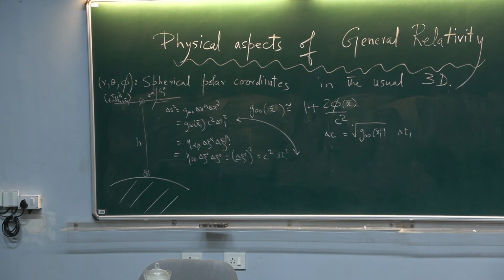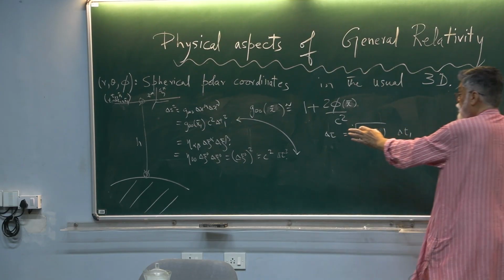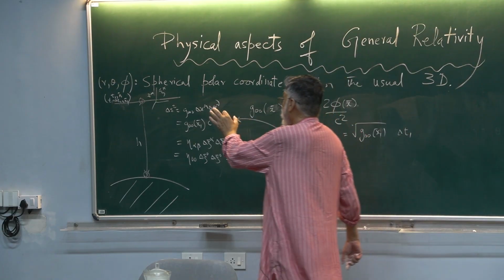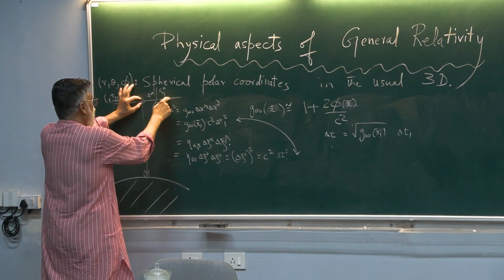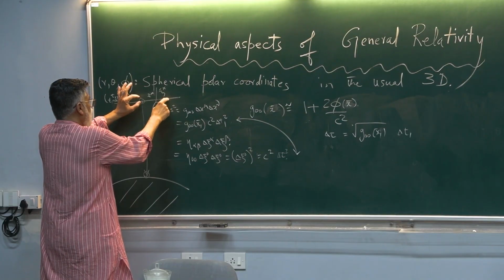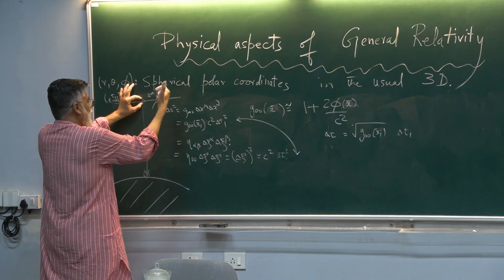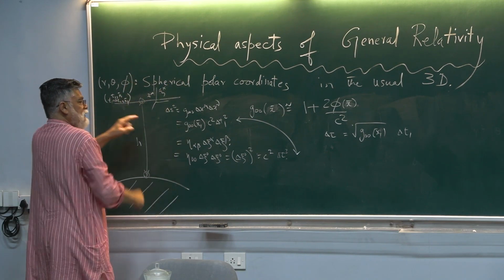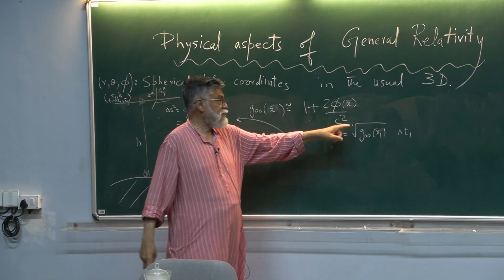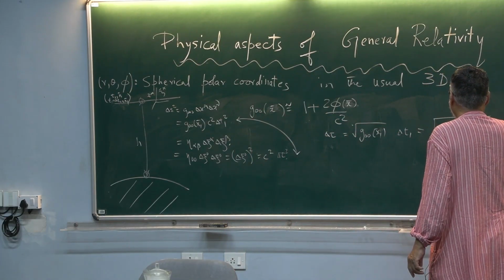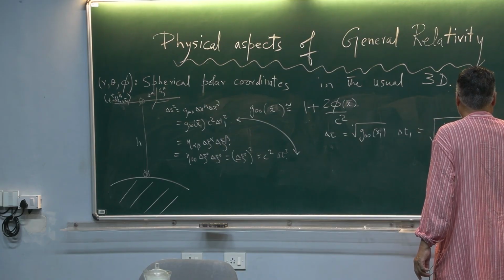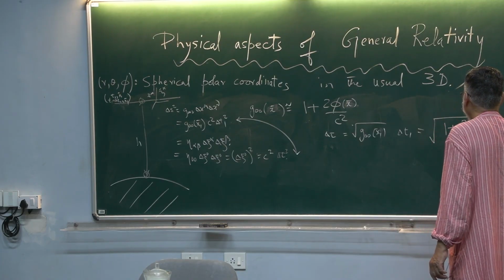All right. And what is the interpretation? This is the time interval as measured by an inertial observer who was co-moving with this clock. That means with respect to a local inertial observer for whom the clock is at rest, the actual time elapsed between the two events is this. And g00 is this, so this is the same as the square root of 1 plus 2 phi of x1 by c square, times delta t1.